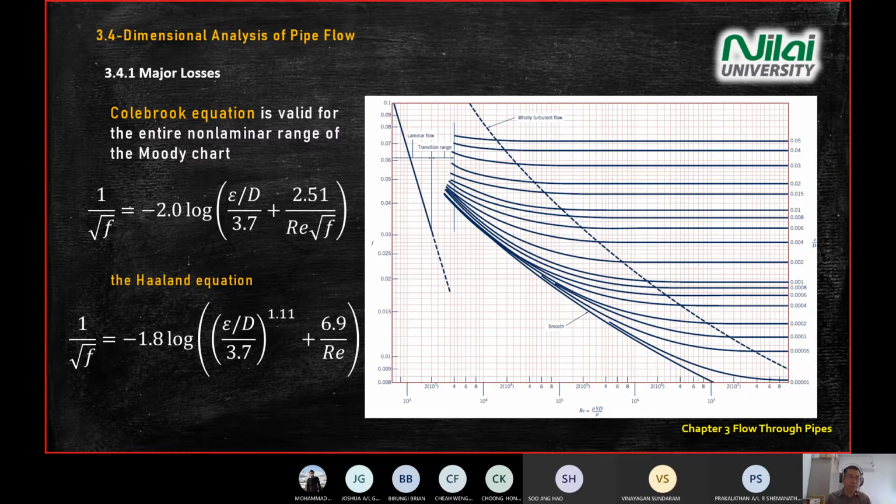It asks you to fill in the Haaland equation. The Haaland equation is given by 1 divided by square root of the friction factor equals negative 1.8 log of the surface roughness divided by diameter divided by 3.7, to the power 1.1, plus 6.9 divided by Reynolds number.